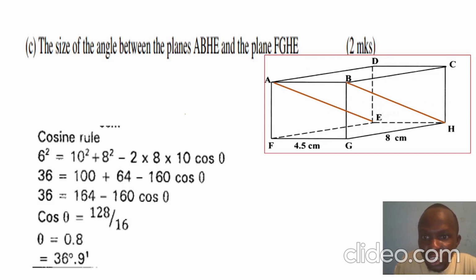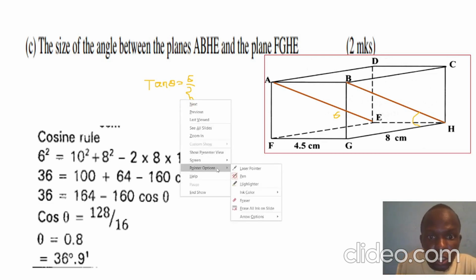We can use the tan relationship now that we already have 6 as the opposite and 8 as the adjacent, so tan theta is equal to 6 over 8.